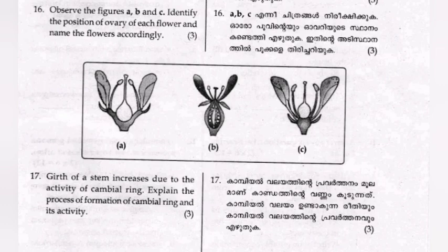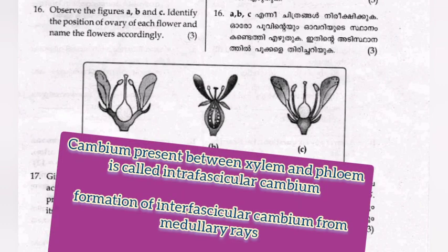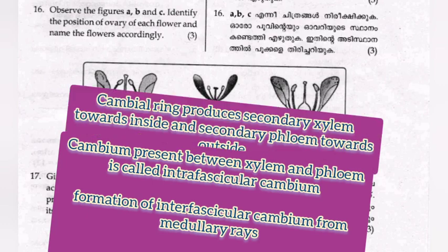17. Growth of a stem increases due to the activity of cambial ring. Explain the process of formation of cambial ring and its activity. Answer: Cambium present between xylem and phloem is called intrafascicular cambium. Formation of interfascicular cambium from medullary rays.